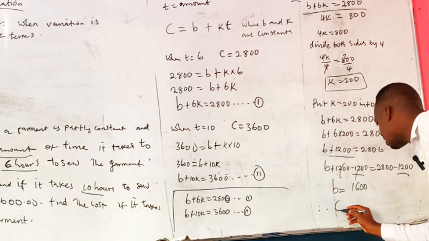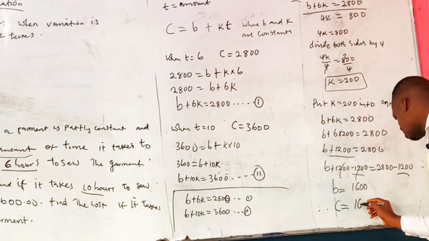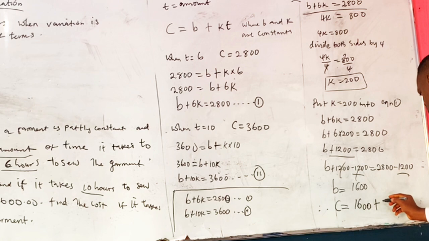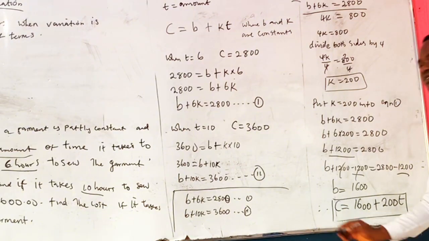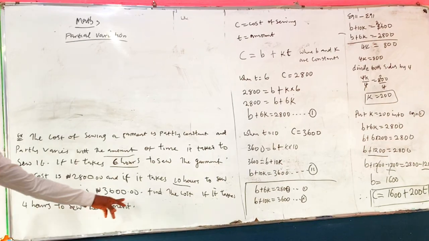So we now have C is equal to, our B is now 1600, plus K is 200, and then T. So this is that equation connecting the variables.